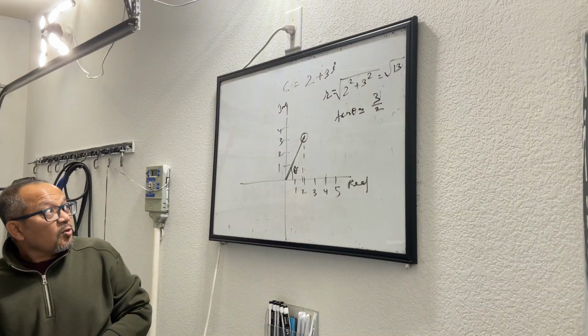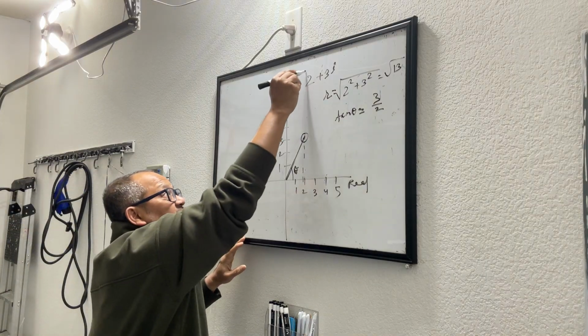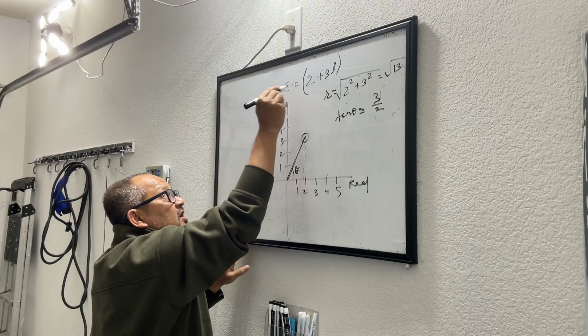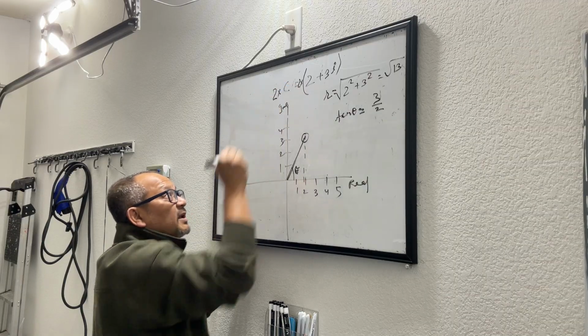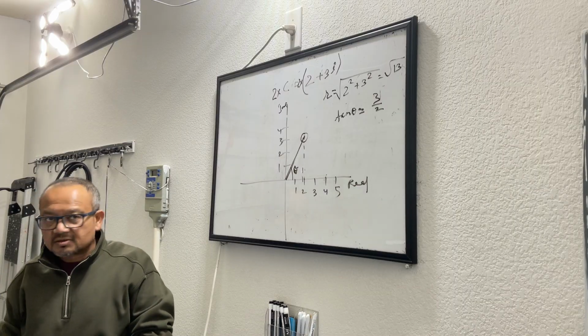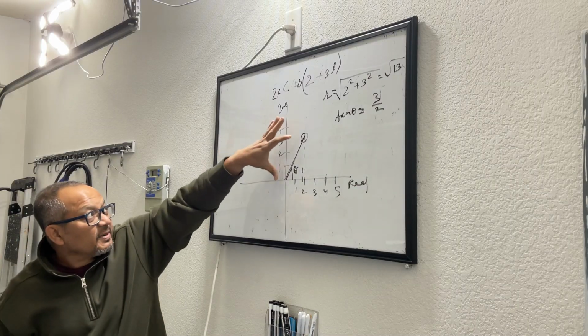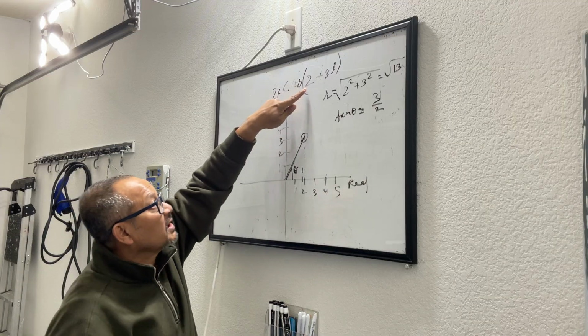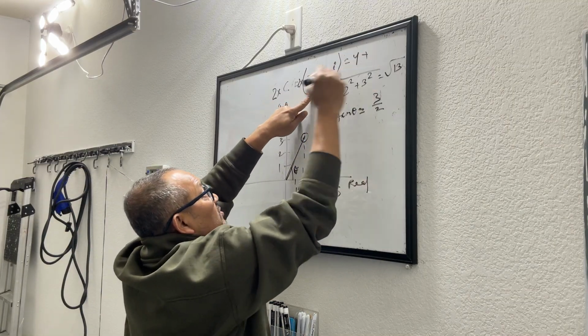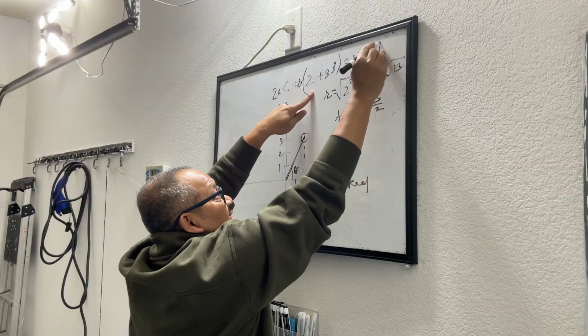Now, what if we multiply this complex number by 2? When I am multiplying this by 2, what will happen? This will become 2 times 2, which is 4, and this will be 2 times 3, which is 6i.